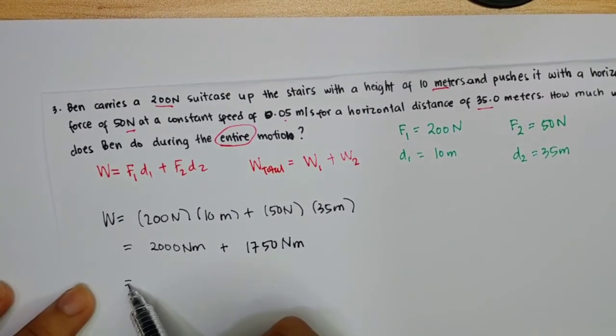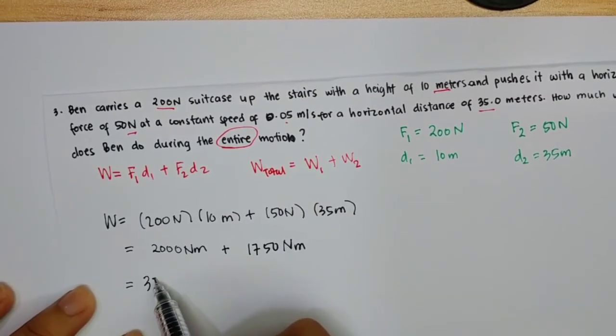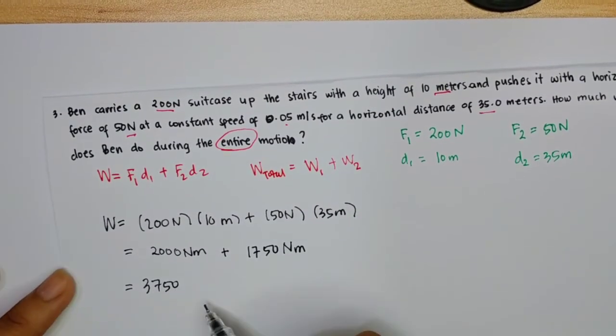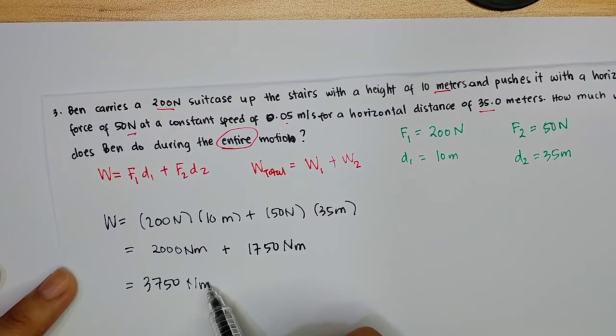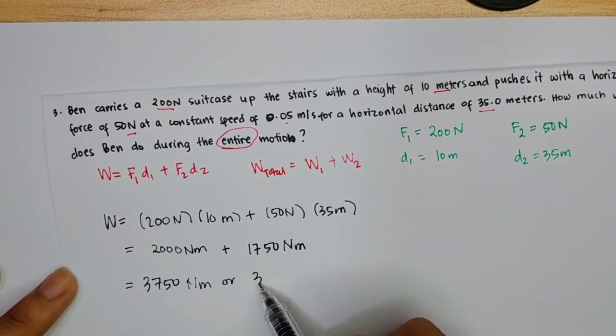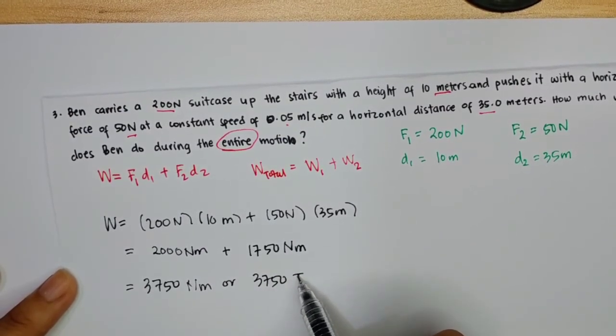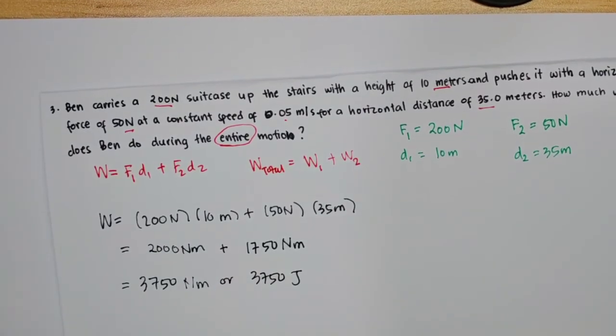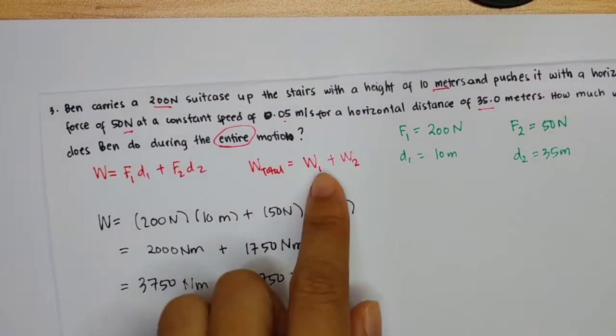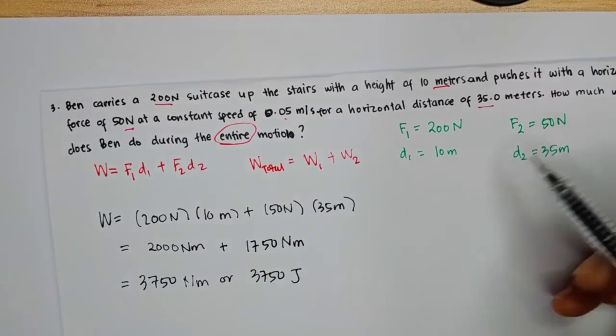So, if we add it, we have 3,750 Newton meter, or that is 3,750 joules. Okay? So, let's try to solve this individually to check if our answer is correct.